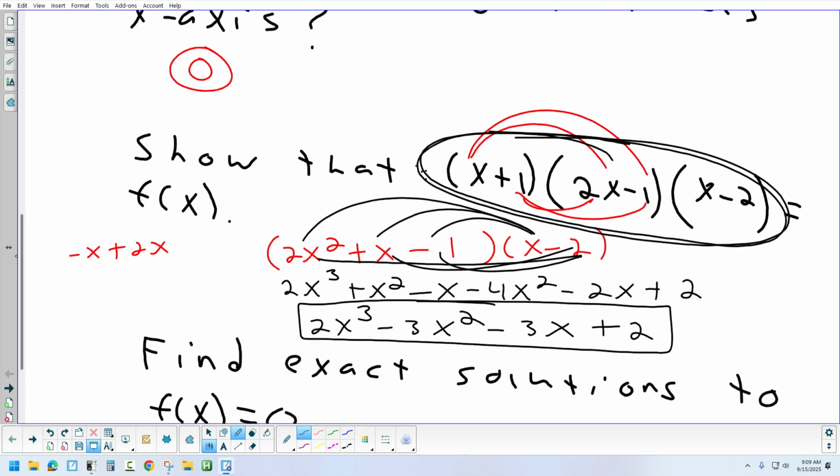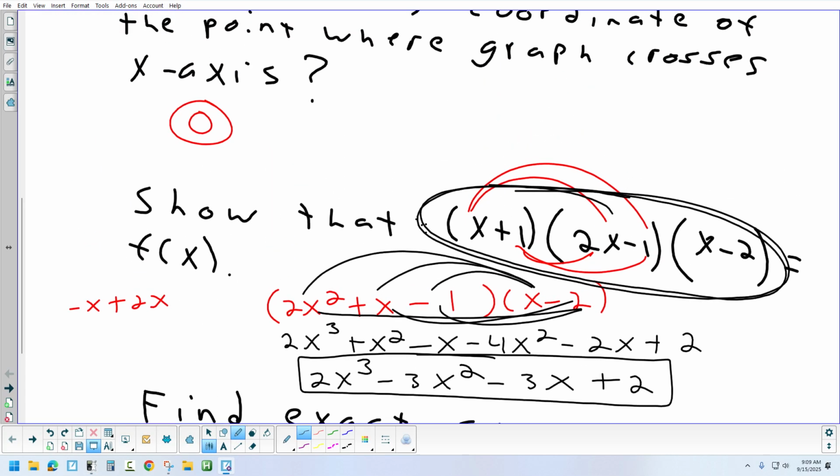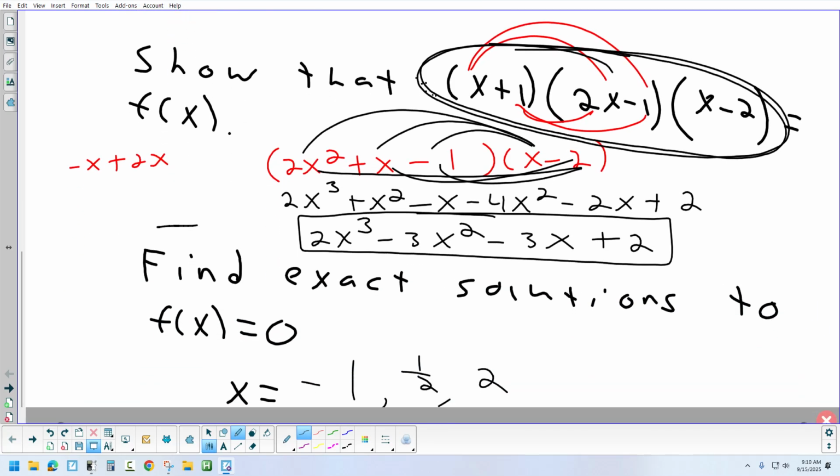So the advantage of writing something factored is it makes it very easy to find the x-intercepts. Okay. If it's not factored and it's all done out like this, that's a lot harder. How could you tell looking at this that you could plug in a 1/2 and it would all come out to 0? You can't, right? But factored you can.